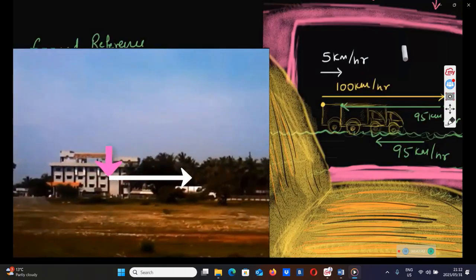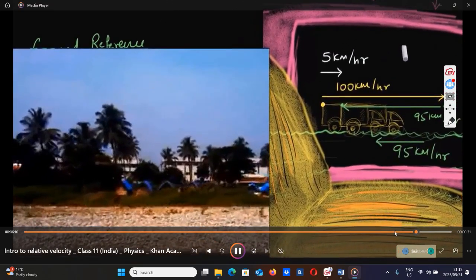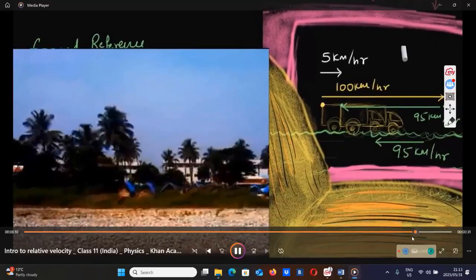So you can see this truck, if you want to see that 5 kilometers per hour nicely, look at the passing rate. So this car will be passing the cameraman but slowly. It's going to pass the cameraman with the speed of 5 kilometers per hour.